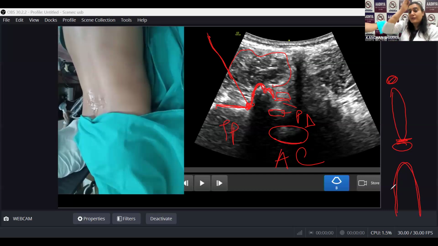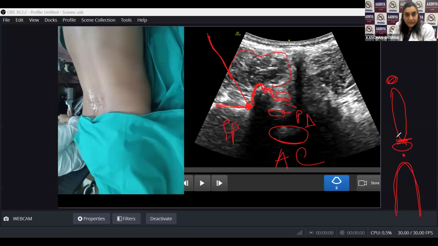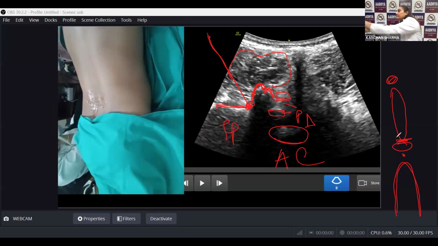Okay, means you have come in the in-plane technique, and then once you rotate your probe, your needle will now be out of plane. So you will be able to see a dot-like structure, and your dot should be over the transverse process. That is how you then inject the local, 0.2 ml is more than sufficient, because you are really seeing something and giving. And if the pain goes off, yes, the pain is from the facet joint itself. So we'll see this again.